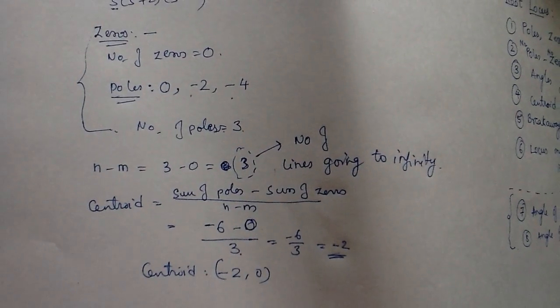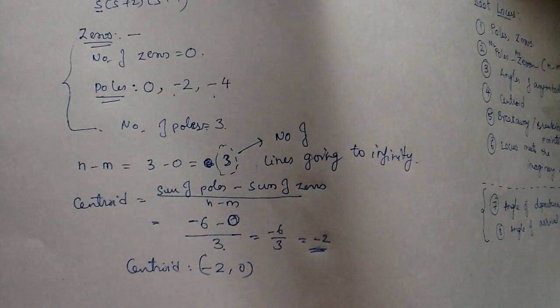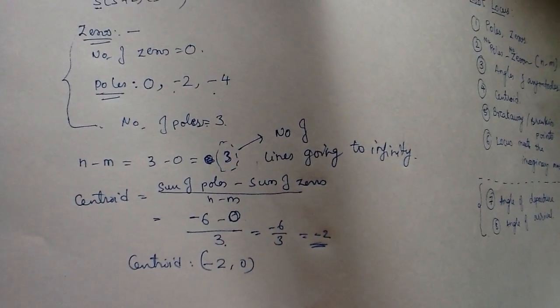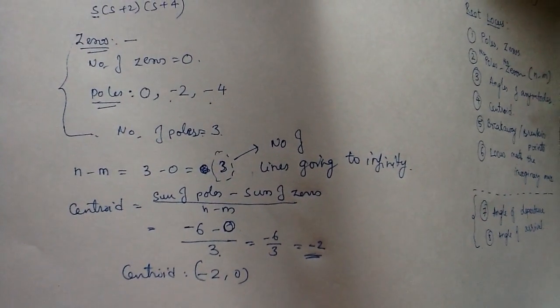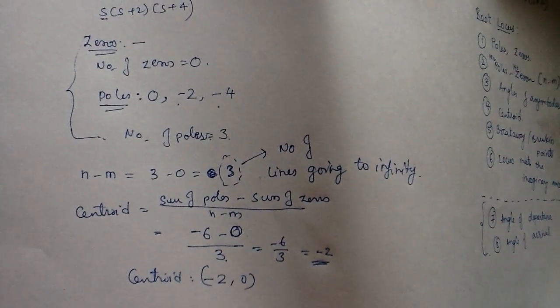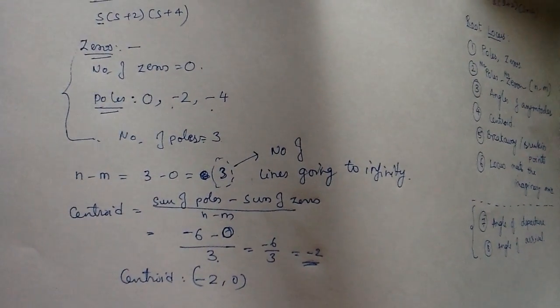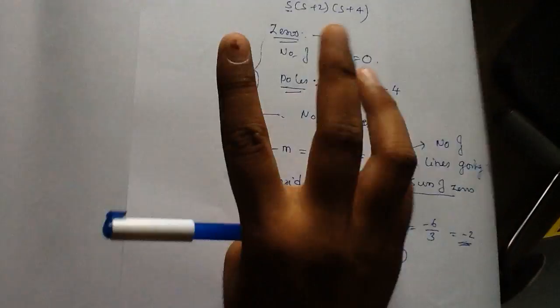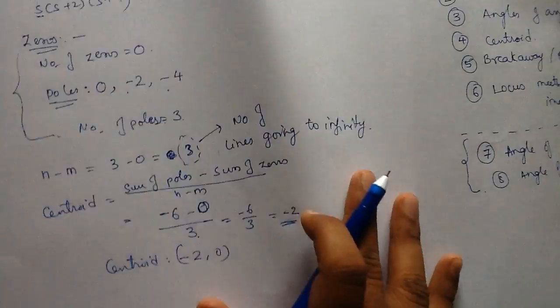So n minus m gives us the number of branches of the root locus that go to infinity. If n minus m is 2, it means 2 branches will go to infinity. If n minus m is 1, only 1 branch goes to infinity. In our case n minus m is 3, so 3 branches will be going to infinity.